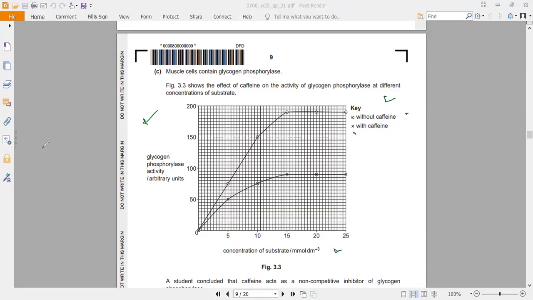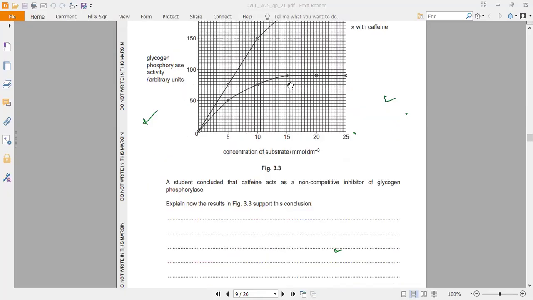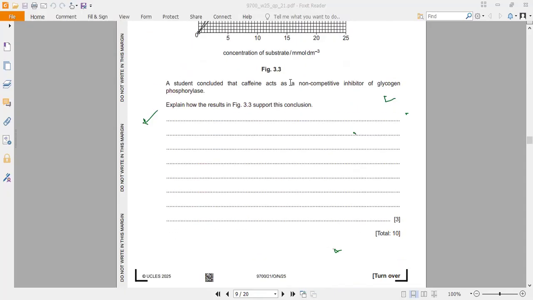So we will go with these two curves. You can see that without caffeine, there is the maximum V maximum. But with caffeine, the V maximum has been decreased. A student concluded that caffeine acts as a non-competitive inhibitor of glycogen phosphorylase.